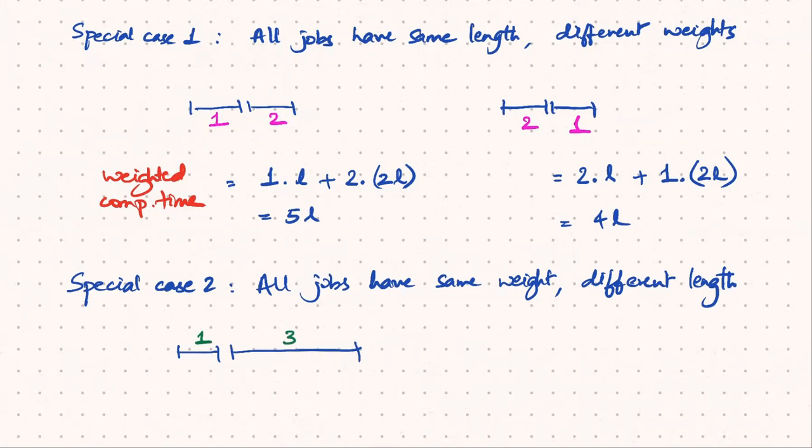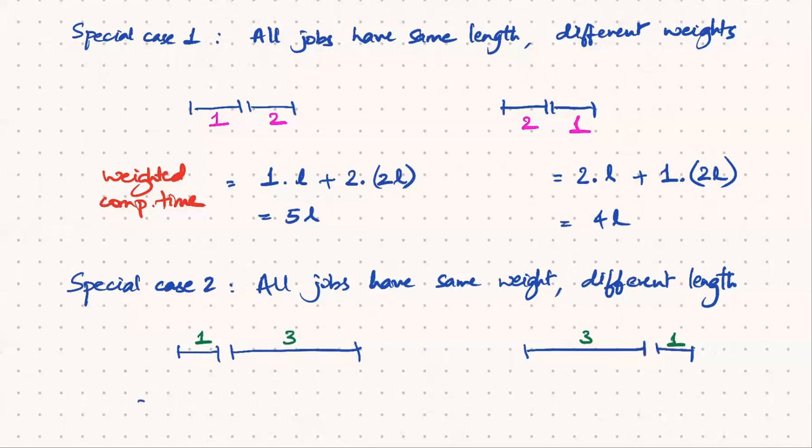The other scheduling is where you first put the job with the longer duration, and then you schedule the job with the smaller duration. So what happens to the weighted completion time in this case?